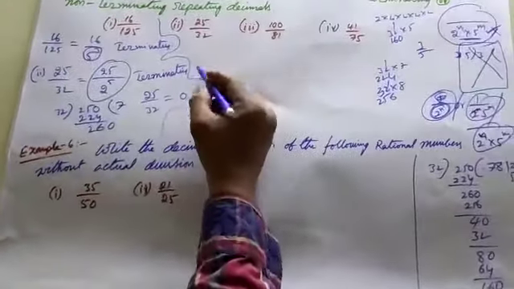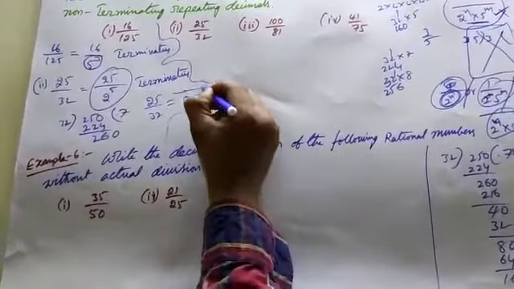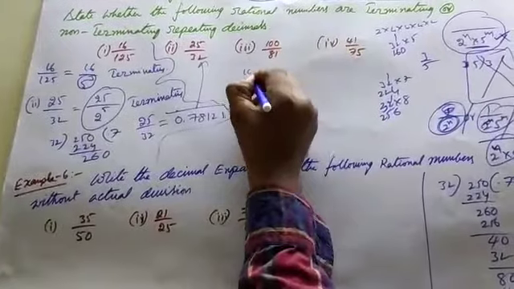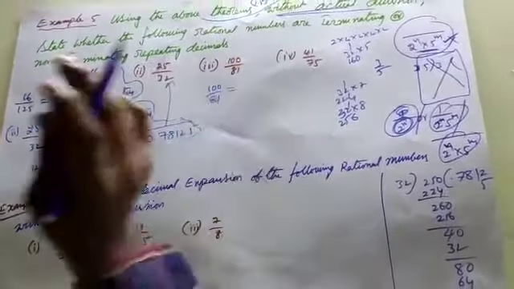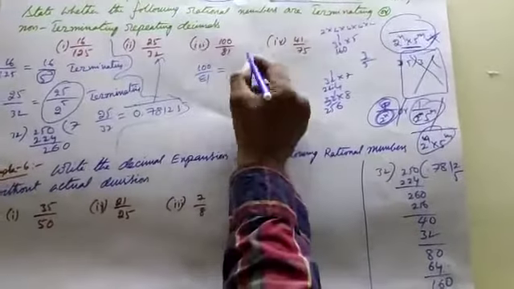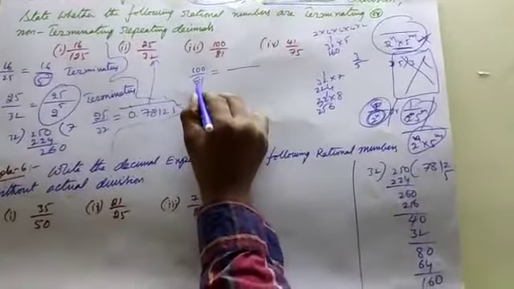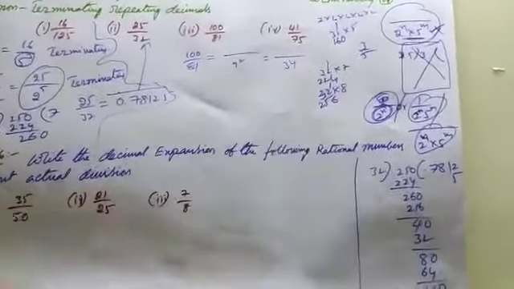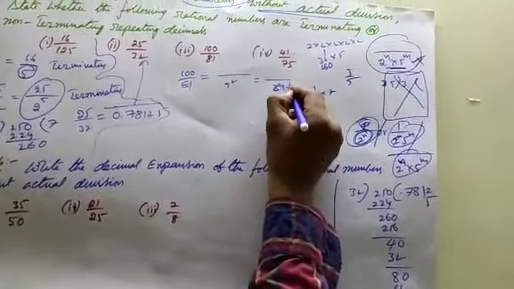Next, for example, 100 by 81. First of all, change the denominator using the prime factorization method. 81 means 9 square, which is 3 power 4.